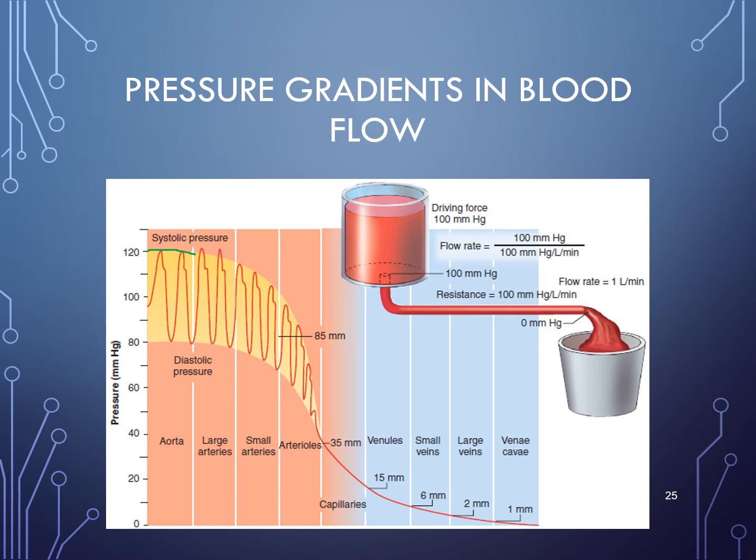And as that blood flows through the heart, the aorta, the arterioles, and gets to the capillaries, we see a significant reduction in pressure, about 35 millimeters of mercury on the arterial side of the capillary, and then as we move away from the arteries to the vena cava, here we have a pressure of about 1 millimeter of mercury.